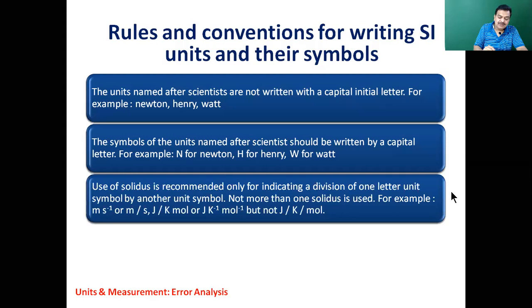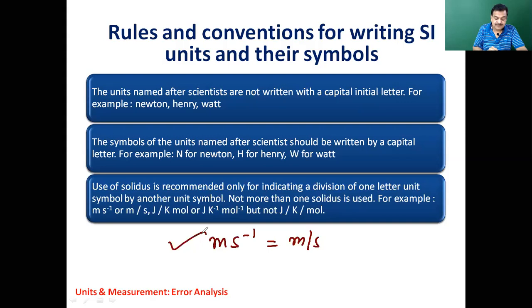Use of symbol solidus is recommended only for indicating a division of one unit symbol by another unit symbol. Not more than one solidus is used. For example, I'll let you know. देखो बेटा, कहीं लिखा है meter second to the power -1, so it can be written as meter per second.